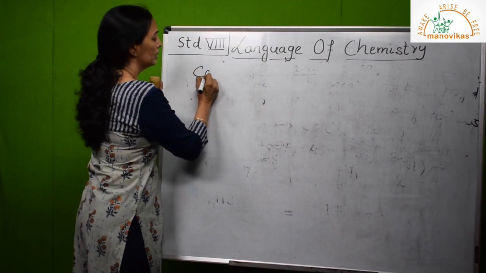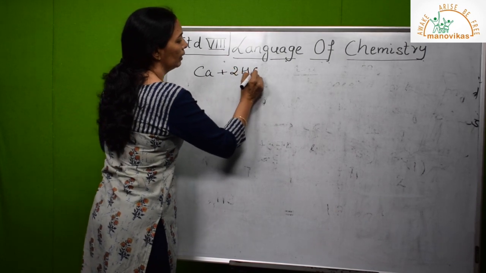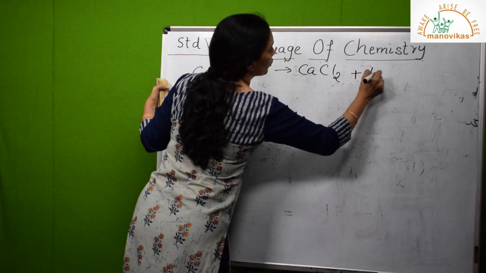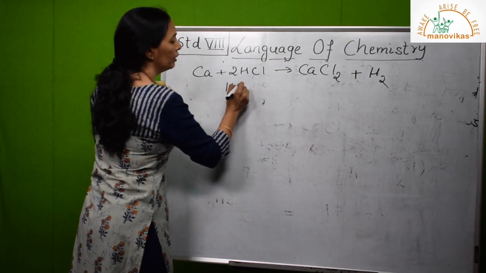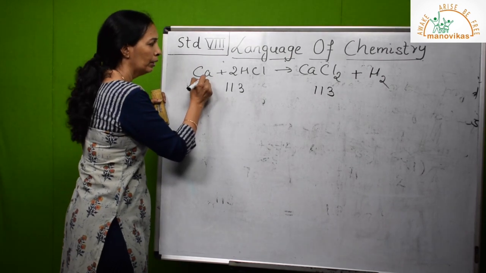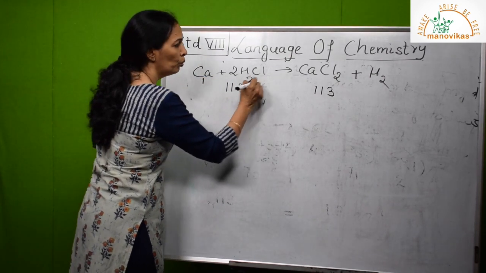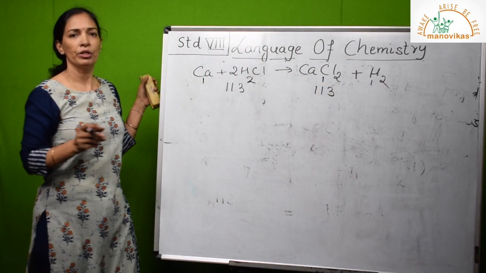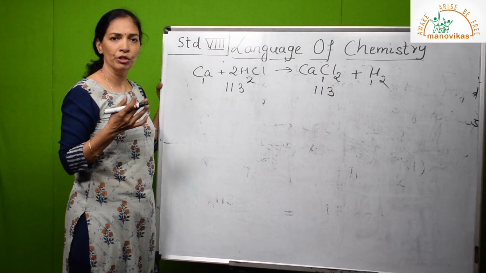As we wrote, Ca plus 2HCl is equal to CaCl2 plus H2. The total mass is 113, and this is also 113. Here we have 1 molecule, 2 molecules, 1 molecule, 1 molecule. Now what information does a balanced chemical equation give us?